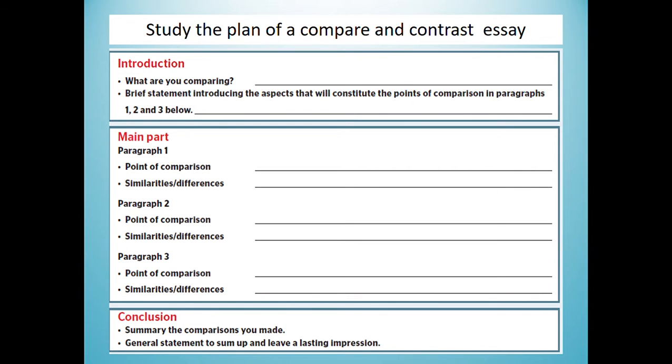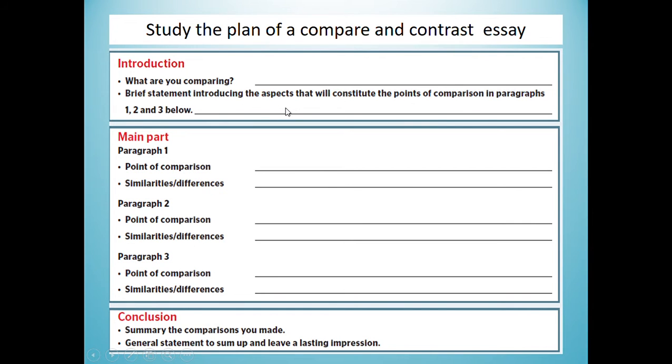Study the plan and compare and contrast essay. Take your time to continue with completing your plan first. You are going to talk about what you are comparing, then you are going to talk about the aspects of comparison here, aspects 1, 2, and 3.